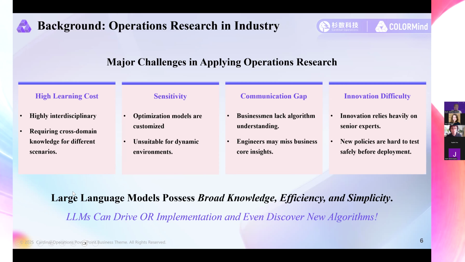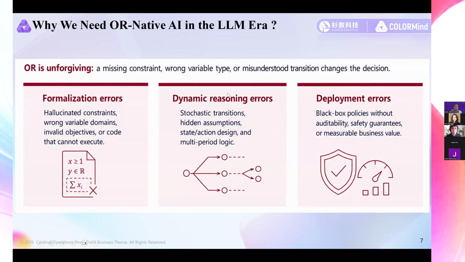But as I mentioned, large language models provide some opportunities to help make OR more accessible in various scenarios. If you just apply a foundation model, like asking ChatGPT, oftentimes it cannot give a correct answer, because the OR model is very sensitive to the input.